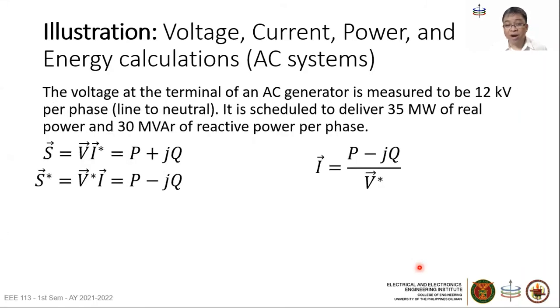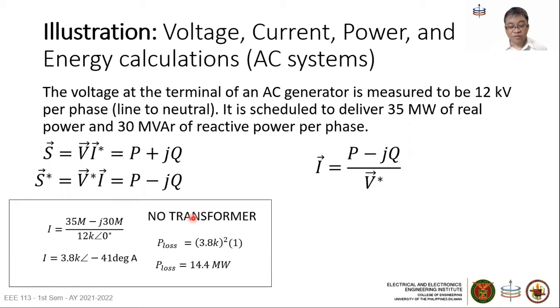So as before, our key equation is shown here. The current is equal to P minus jQ over V conjugate. That actually came from the expression for S conjugate here, which is equal to V conjugate I equal to P minus jQ. For the first one, we don't have a transformer.